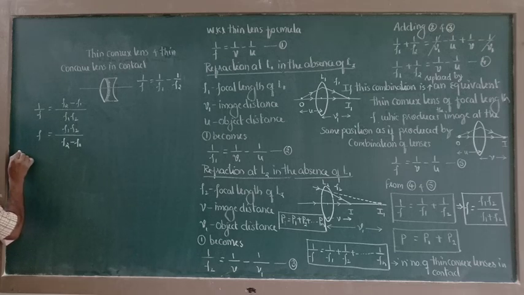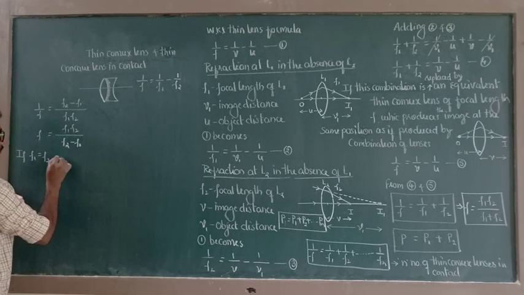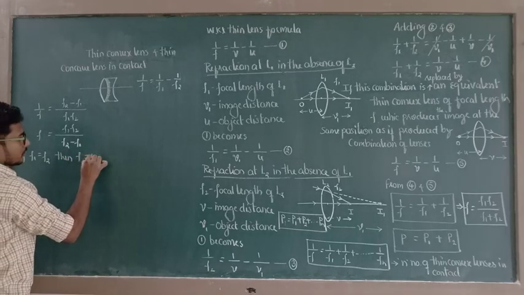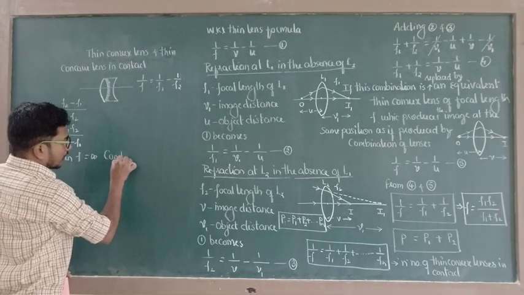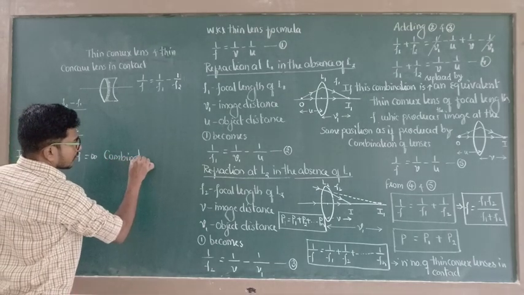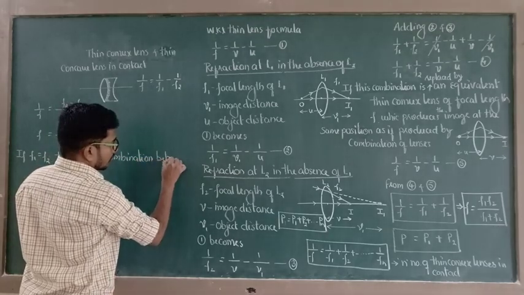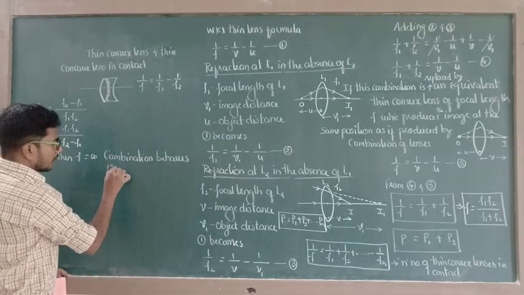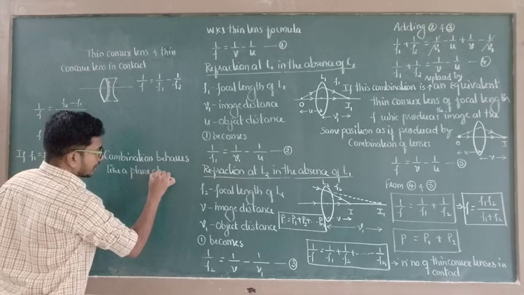If f1 is equal to f2, then f is equal to infinity. Combination behaves like a plain glass sheet.